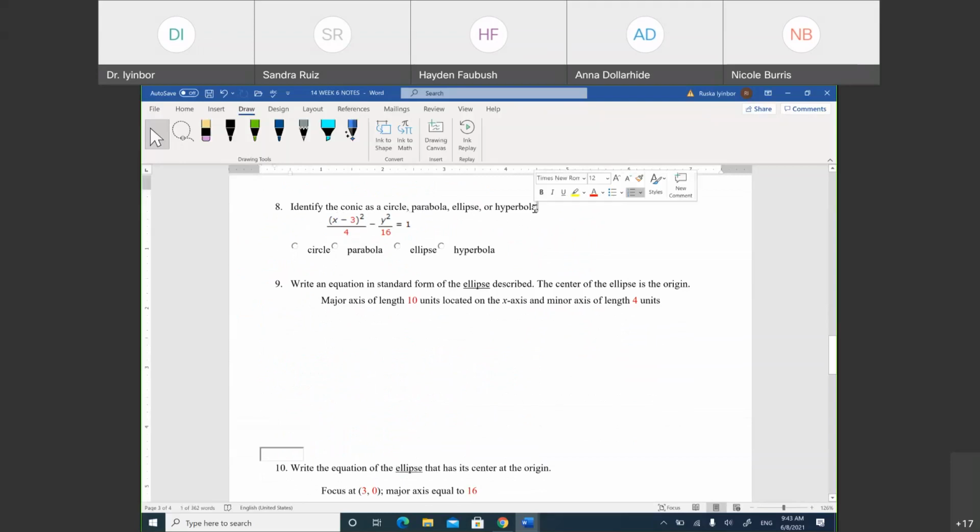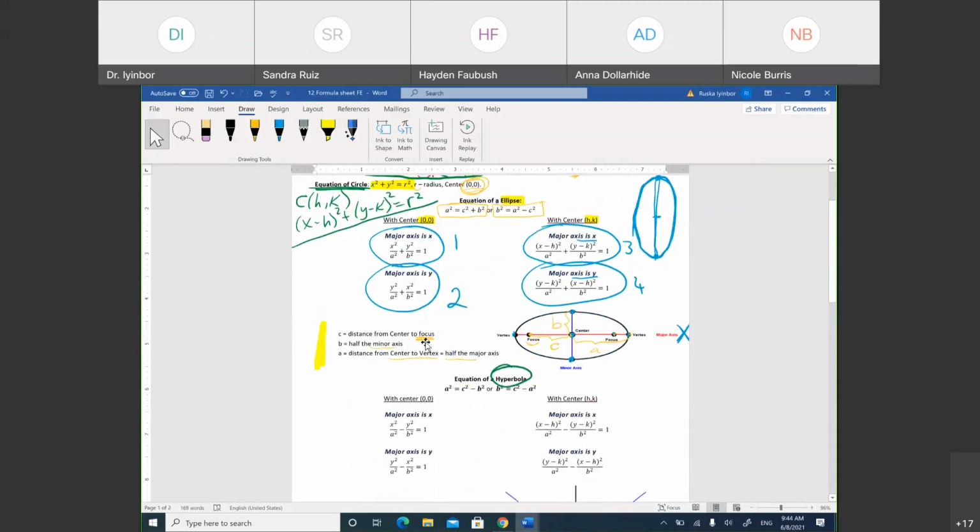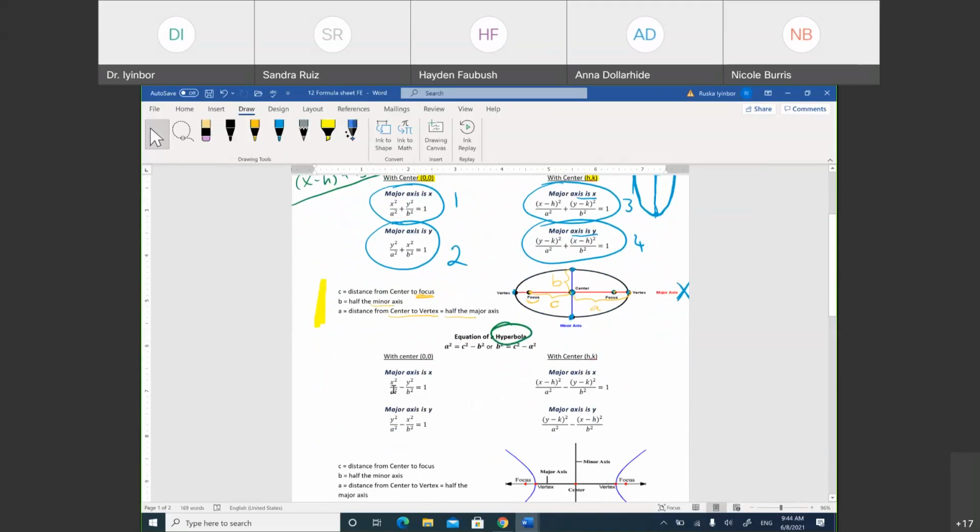Okay? So how do you know? Looking at my formula sheet, I know that the equation of an ellipse is fraction plus fraction, right? Let's compare with the equation of a hyperbola. A hyperbola looks like fraction minus fraction equals 1. Okay? So that's the difference between ellipse and hyperbola.